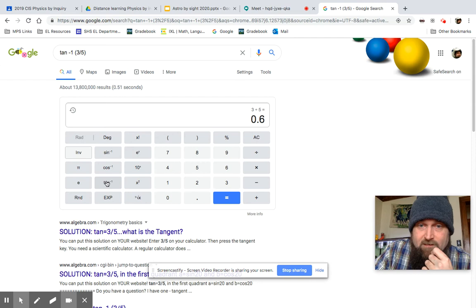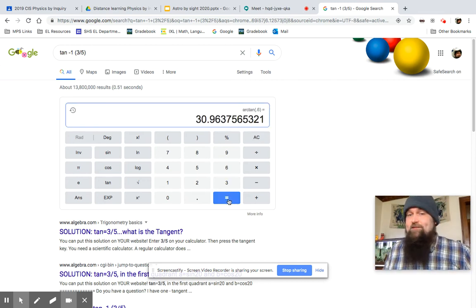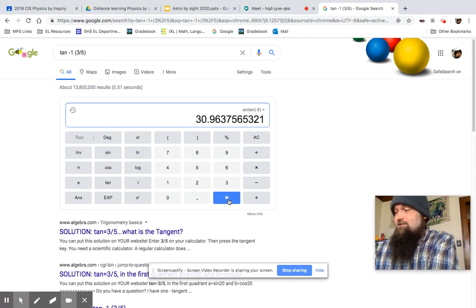So I'm going to click on this, arctangent. So 0.6. Hey, look at that. 30.9. That's really close. I did a good job. All right, so it's almost 32. So I got about 31 degrees using the trigonometry method.